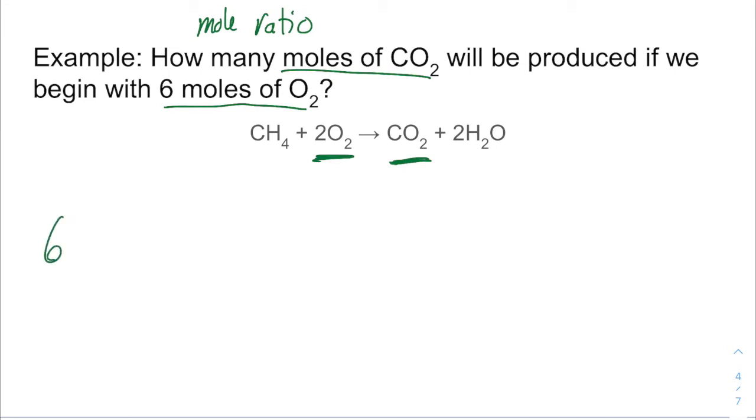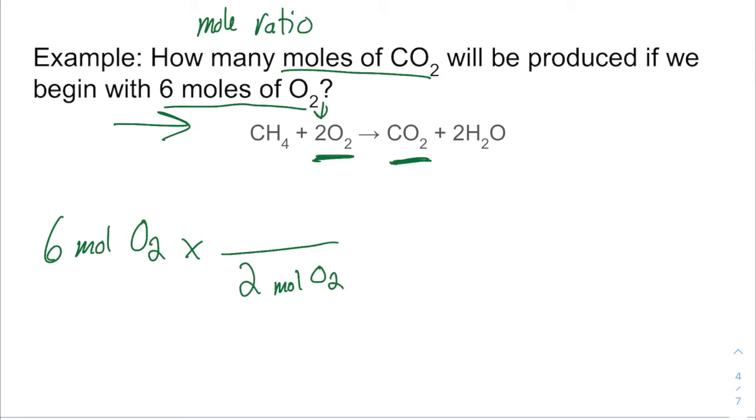Our conversion factor is our mole ratio, which with stoichiometry we get directly from the chemical equation. We need moles of O2 on the bottom in order to cancel, so I'm going to put 2 moles of O2 on the bottom and 1 mole of CO2 on the top.